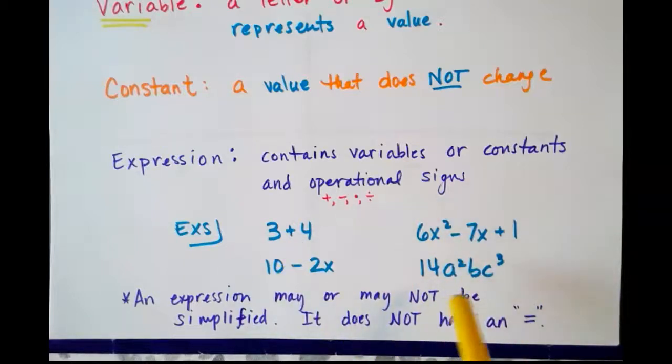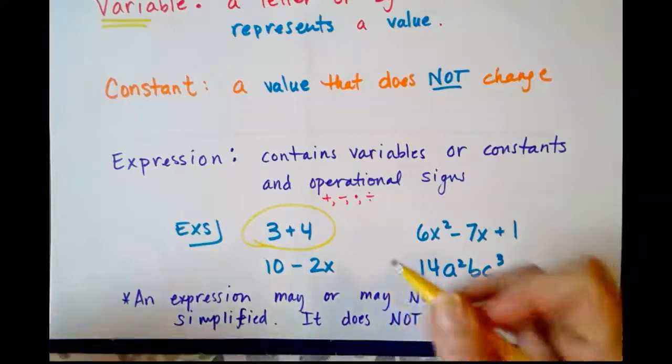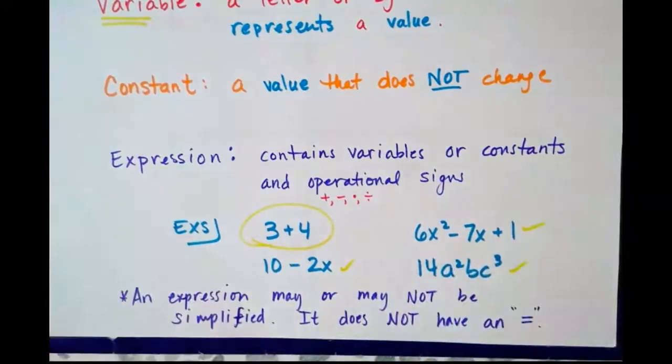All of these are expressions. Now, this first expression can be simplified, and we know that 3 plus 4 has the value of 7, but these other three cannot be simplified in any way.